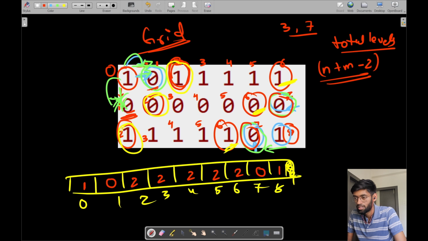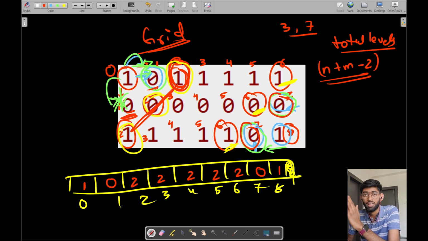if I consider this element, then all the elements present at distance 2 should be equal to this element. But here we have 3 elements which are at a distance of 2 from the starting node. So can I say that to make sure that all the paths are palindromic, all the elements present on the same level should be equal to all the elements present on the same level from the end of the grid?